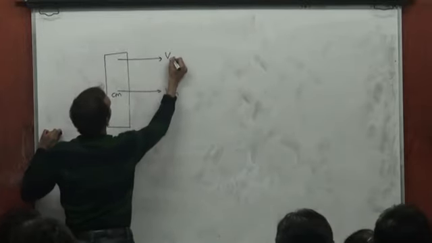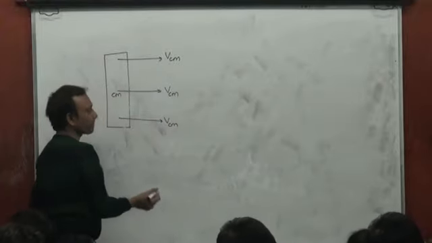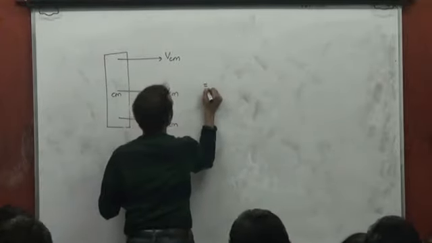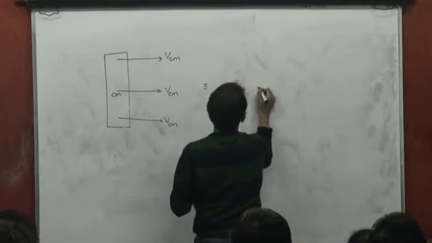Now, look, if there is a rigid body in pure translation, it means all particles will have the same velocity as that of the center. And we can replace this entire thing by one particle at the center of mass.